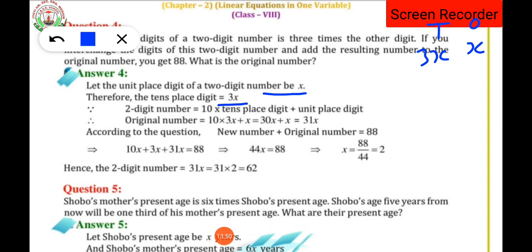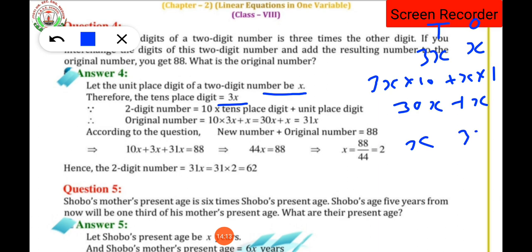So expanding this number is 3x into 10 plus x into 1. So it will become 30x plus x, isn't it? Then when it is said if you interchange, that means the ones will become tens and the tens will become ones, like this.